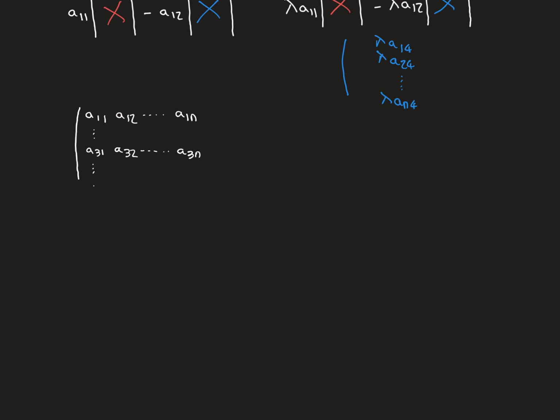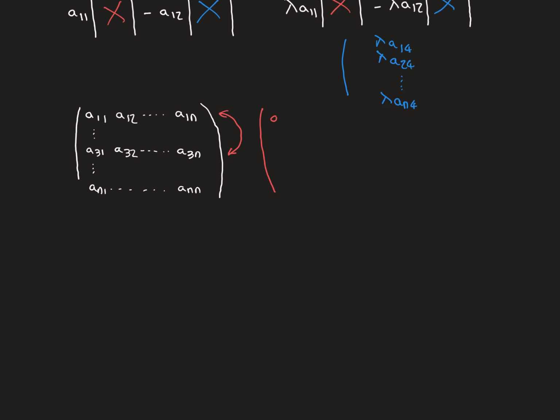And then, of course, the matrix continues on down to the nth row, AN1, all the way up to ANN. So what we are now wondering is what happens if I take all the entries in this row and I bring them up and put them in the first row, and take all the entries from the first row and bring them down here. So I create a new matrix where they're swapped around, and I will draw this out.